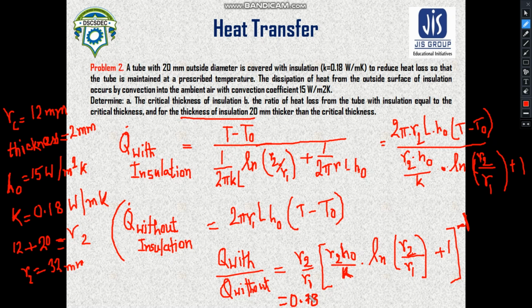Okay, so you can see that the heat loss ratio means the heat loss decreases by 22% when 22 millimeter thick insulation is provided. 20 plus the thickness of insulation was 2, so 20 plus 2, 22 millimeter, so this is 0.78, that means 22% decrease in heat loss if 22 millimeter thickness of insulation has been provided.